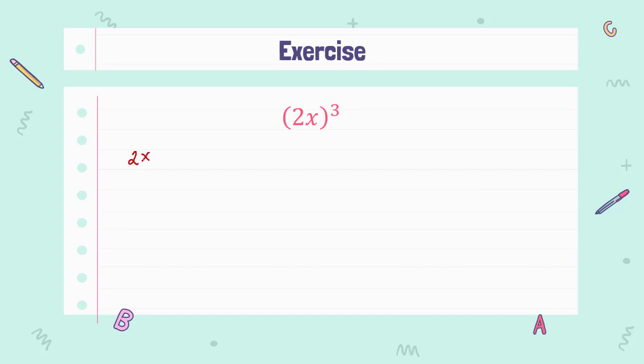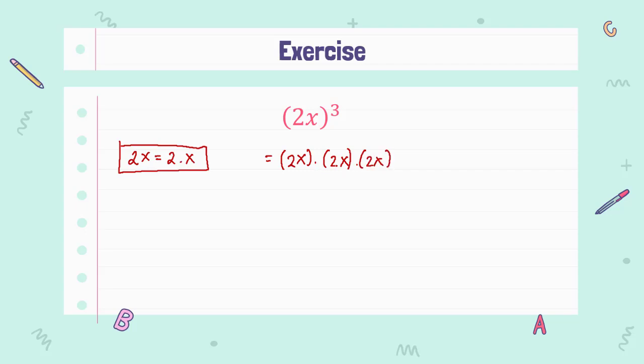2x, it seems like 2 times x, right? So the thing that we have to do is just remember the concept of indices. It's repeated multiplication, so we can write like this: 2x times 2x times 2x.